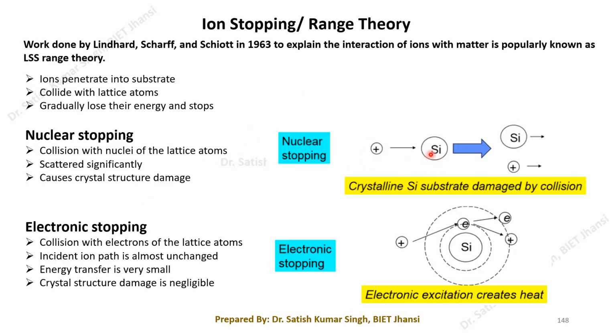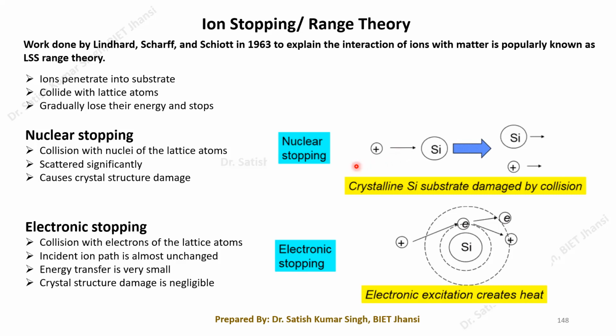When it collides with the positive nucleus, since it also has a positive charge, there will be a collision and a net transfer of energy, which depends on the masses of the two particles. That decides in what proportion the energy is divided.